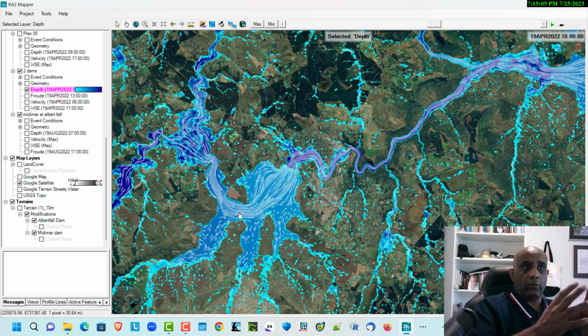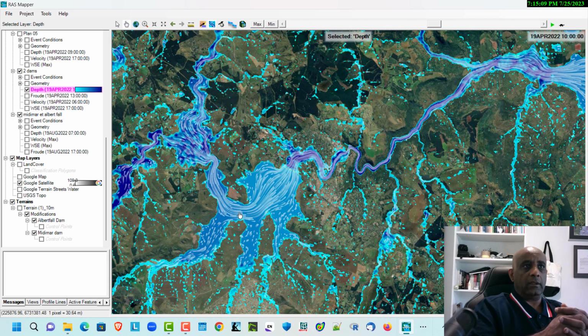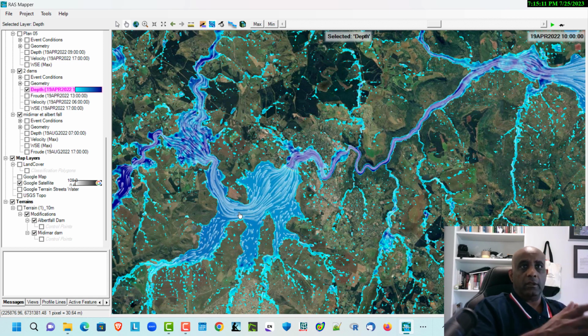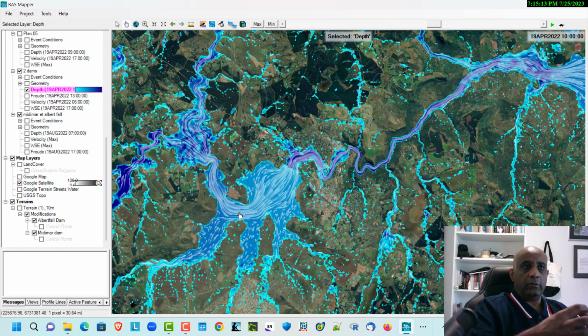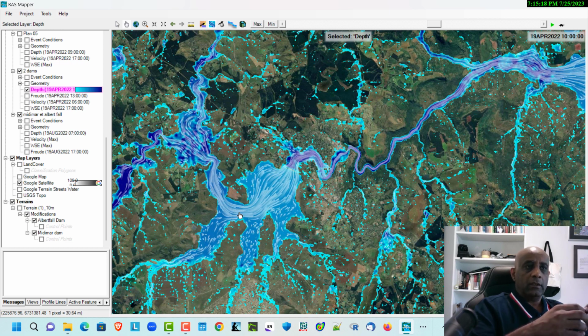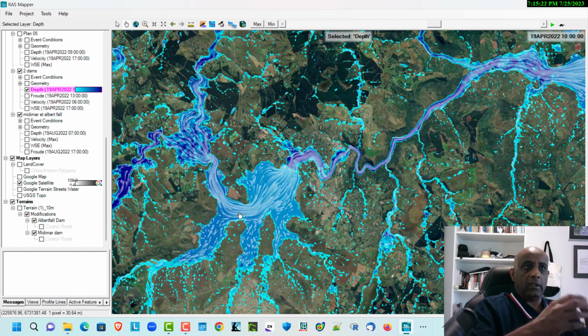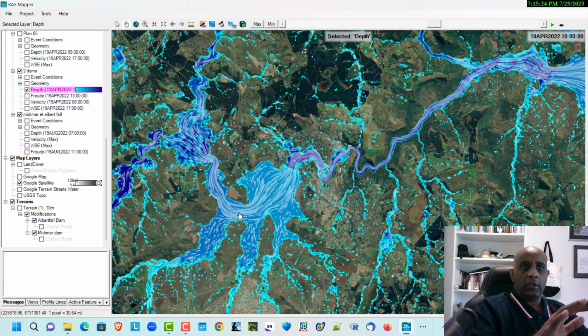That needs knowledge. It's not simply that you put something in and expect something different. You have to know the data itself, and then also be able to interpret the results, the hydraulics and the hydrology.